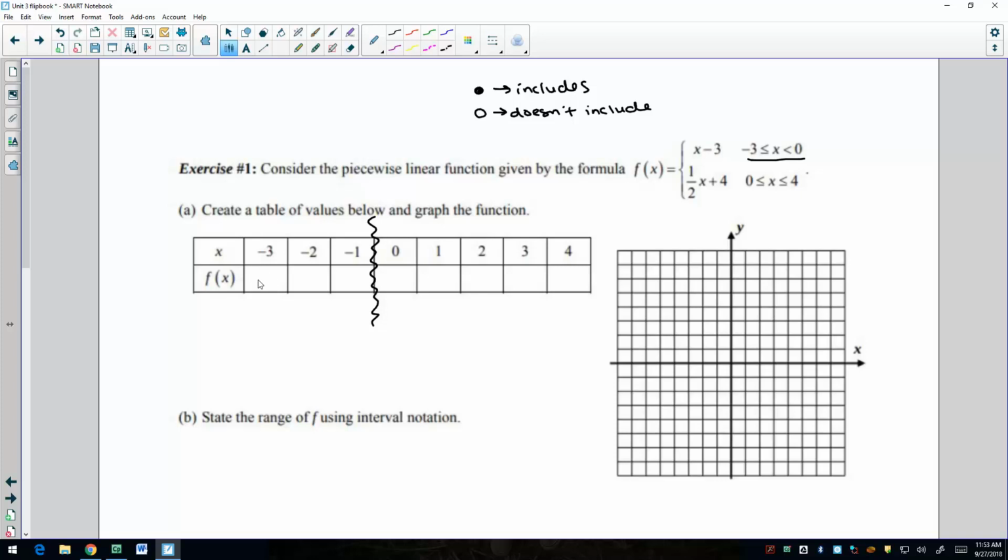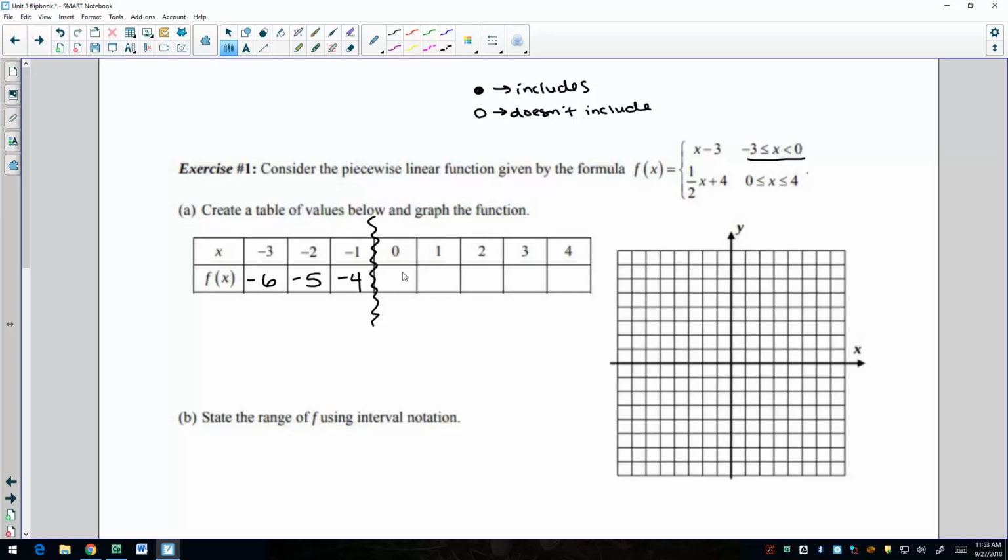So at -3, I'm plugging it into the top equation. So -3 minus 3 is -6. Then I'm going to plug in -2. -2 minus 3, -5. -1 minus 3, -4. And here's where I'm going to switch because I drew this line, so it tells me, okay, I'm going to switch who I'm plugging into because this one can't include 0. This one can. So I'm going to plug 0 into this one.